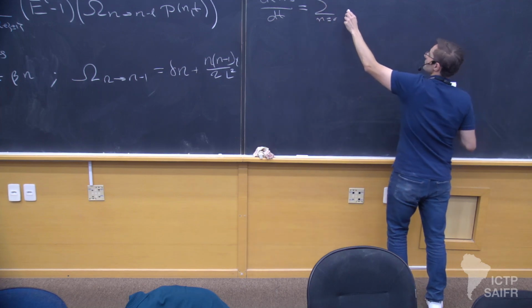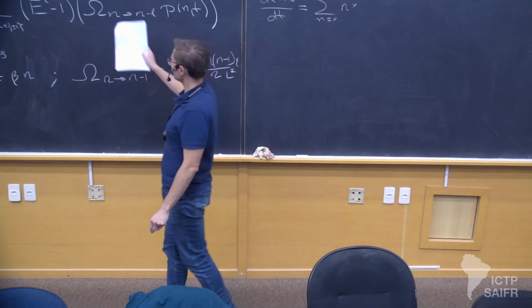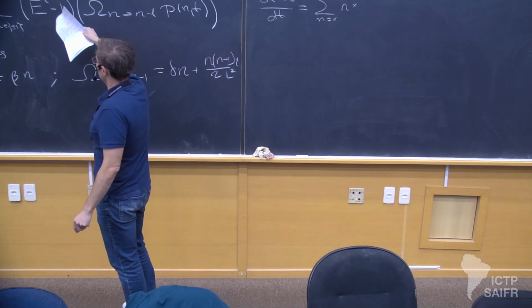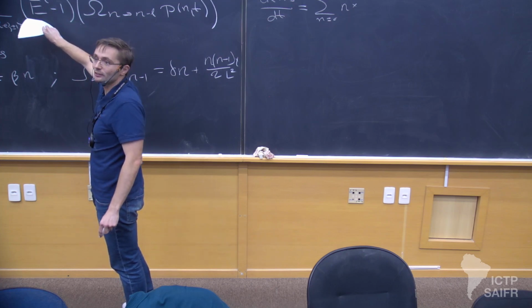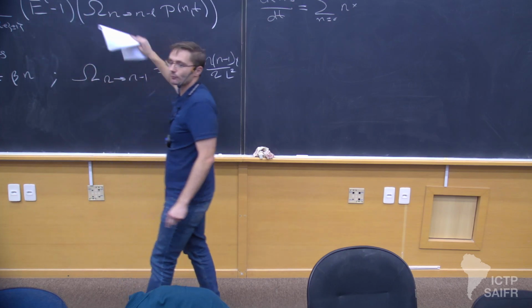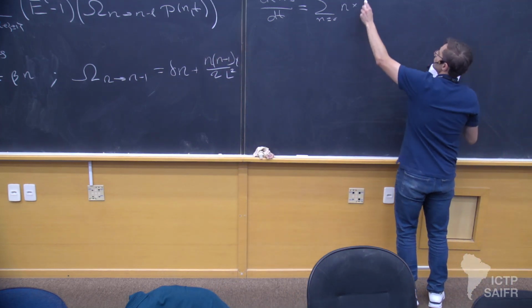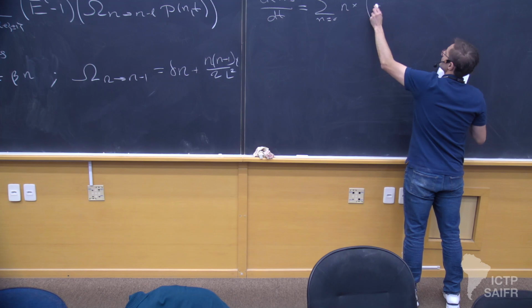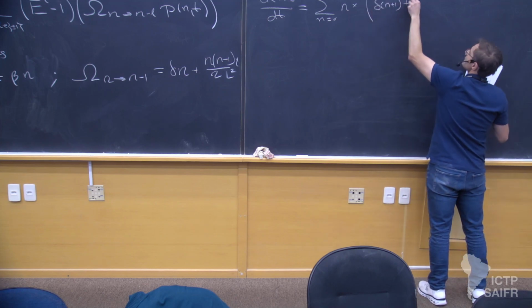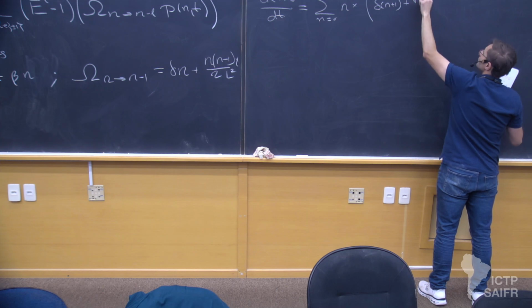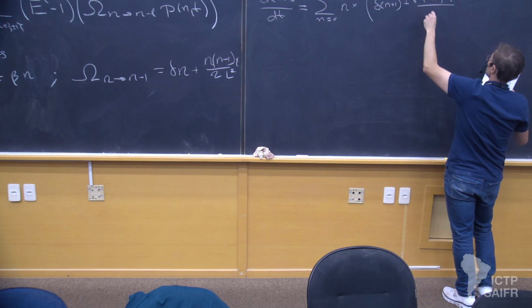So this is equal to the sum from n equal 0 to infinity, and then I need to open this up. This is a nice way of writing things, but so far with the tools we have, we need to open it up. So this is delta n plus 1 plus gamma n plus 1 times n divided by L squared.